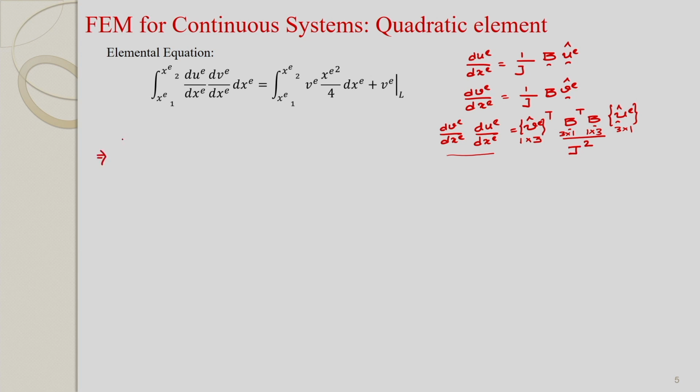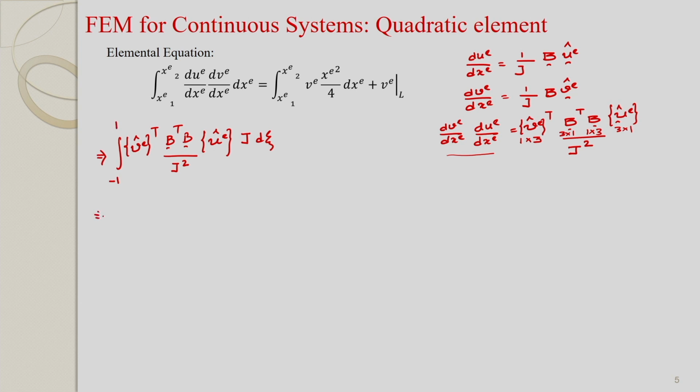So, we can write this LHS as v_e hat transpose B transpose B by J square u_e hat, and dx_e can be written as J d xi, and because of this mapping the integration limit is xi from minus 1 to 1.